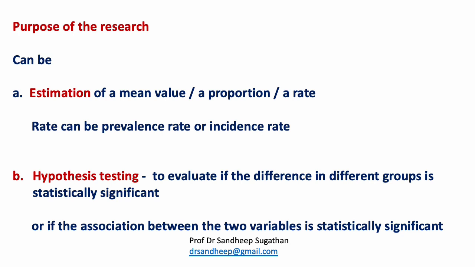Purpose of the research can be hypothesis testing also. Hypothesis testing means to evaluate if the difference between different groups is statistically significant. There are two different groups, obese and non-obese individuals, and you want to know if the prevalence of diabetes among obese is significantly different from the prevalence among non-obese individuals.